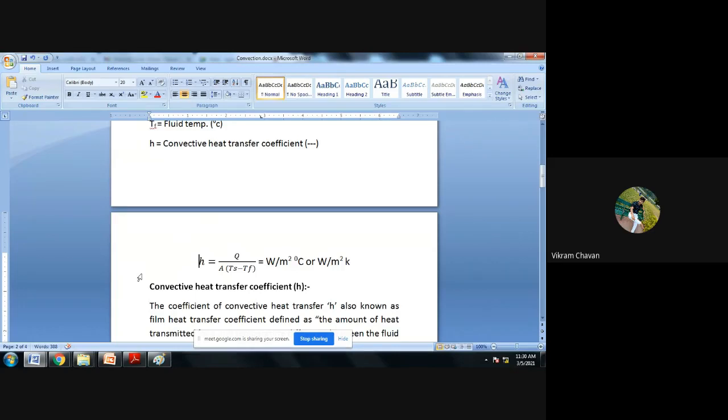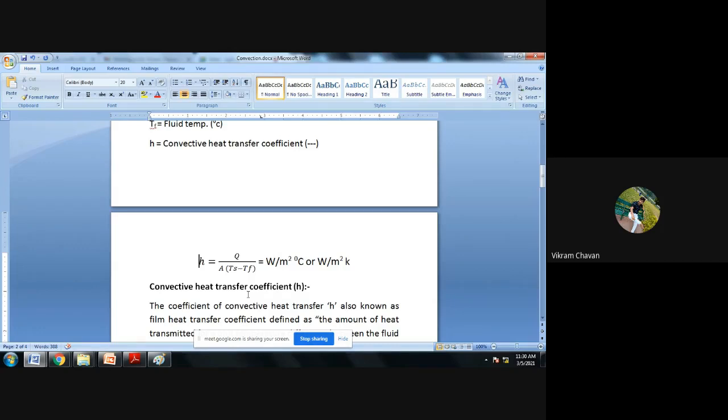Rearrange the equation of Newton's law of cooling in the form of H. So H is equal to Q divided by A multiplied by Ts minus Tf.